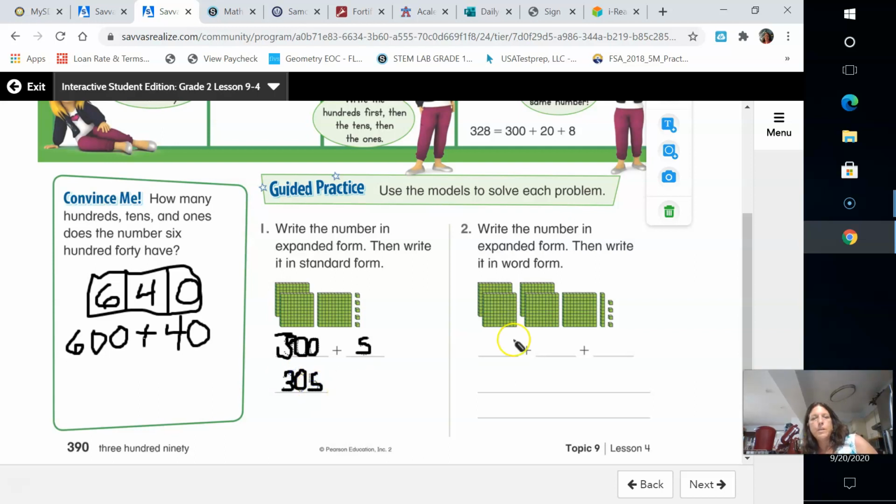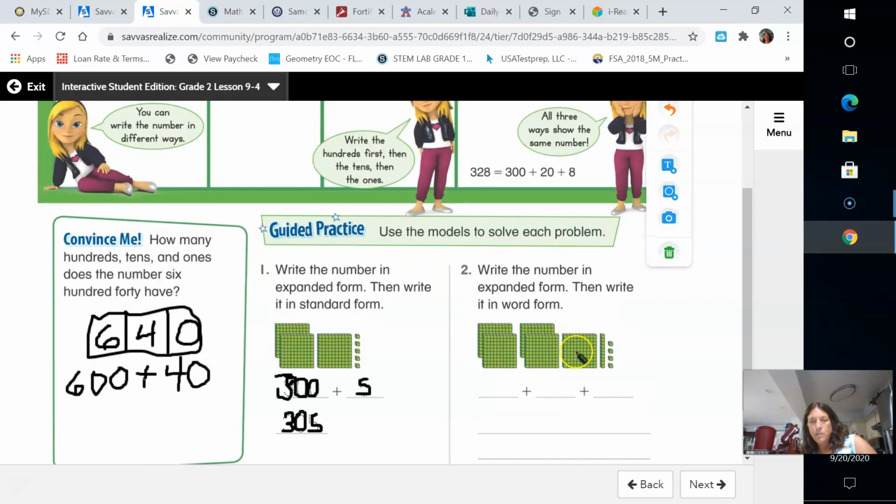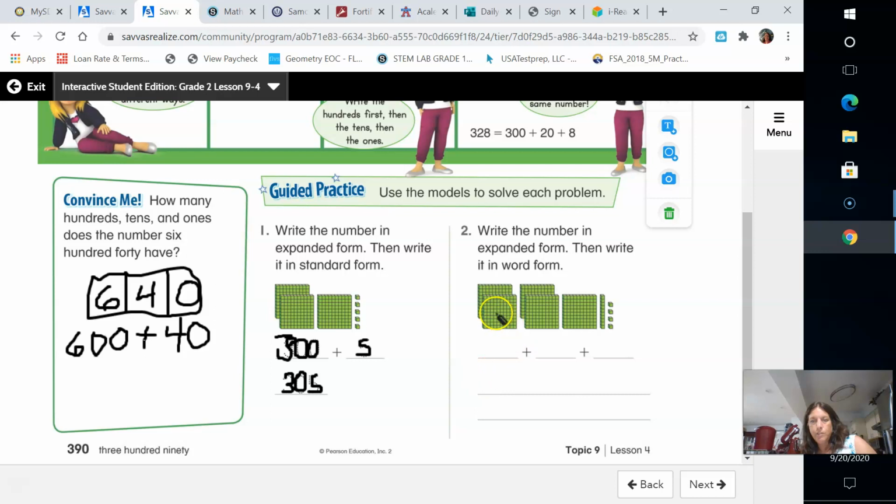Okay, so I want you to try it. On the top, I'm going to do one more. You're going to do the next page. On the top here, you're going to do the actual number, the value of these blocks. So 100, 200, 300, 400, 500. And then you're going to do the value of the tens.